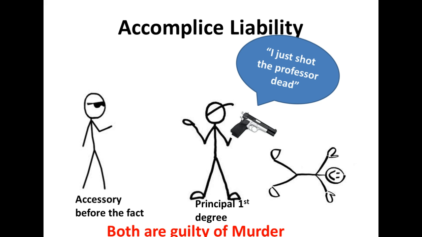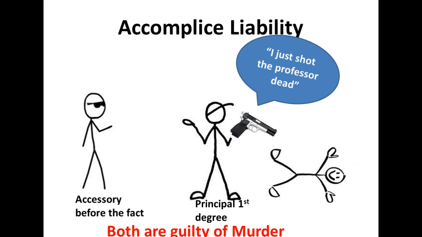Now, in reality today, the principal in the first degree is often referred to as the principal. The principal in the second degree and the accessory before the fact are generally referred to as accomplices. That's why this is referred to as accomplice liability.